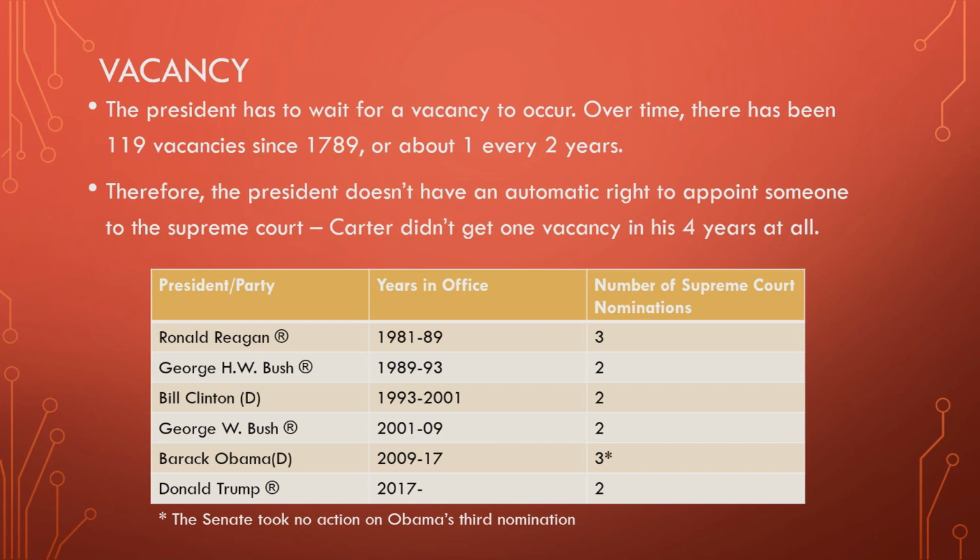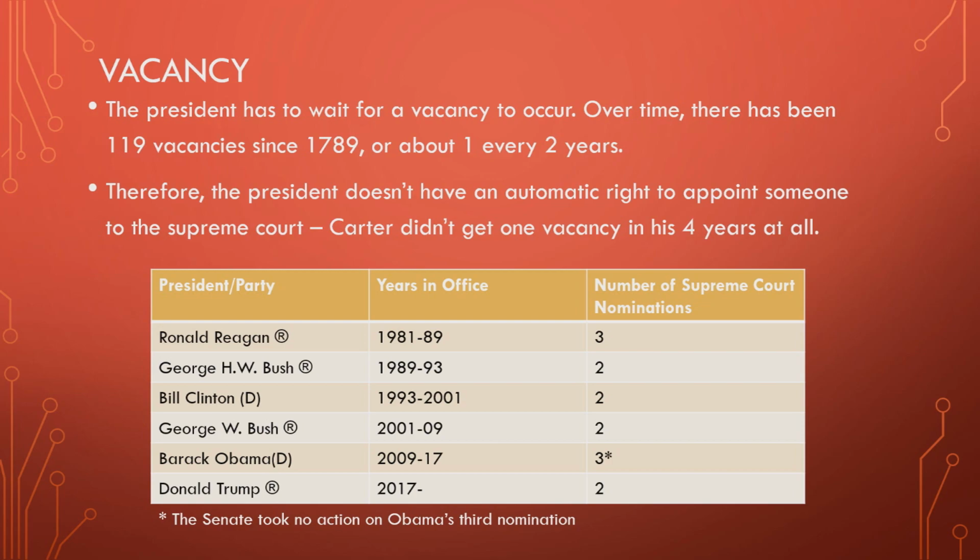As you can see here, there's a little table that shows some of the Supreme Court nominations and the presidents that made them. You can see Ronald Reagan managed to get 3 nominations between 1981 and 1989. But George W. Bush, 2001 to 2009, same amount of time, only got 2. As you can see here, Barack Obama did get 3 nominations. That's because when Scalia died in 2016, it was during the time when Obama was on his way out and Trump was on his way in.